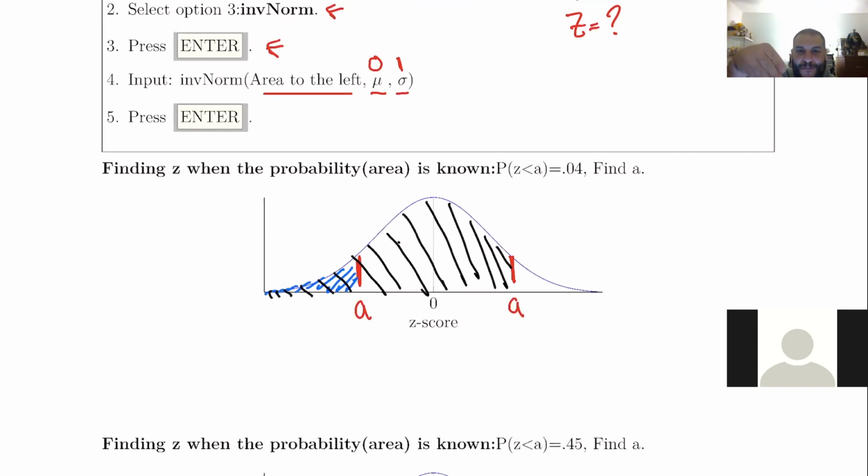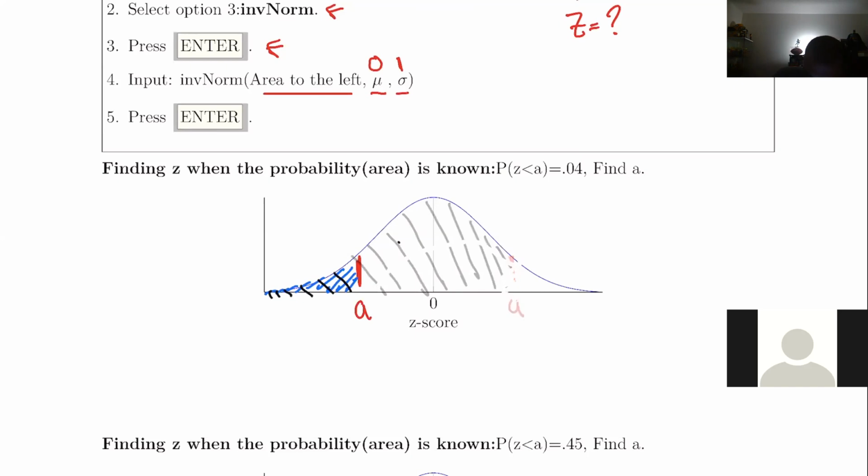The blue one is covering less than 5%, since it's covering the left-hand tail. Now I know the blue one is correct. So the drawing should look something like that.